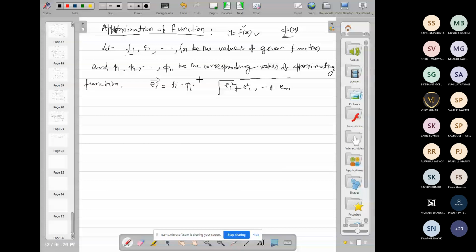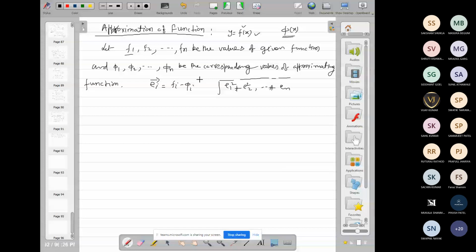But by using approximation of the function, we require fewer terms to retain in the series.